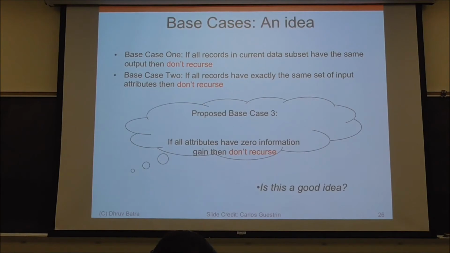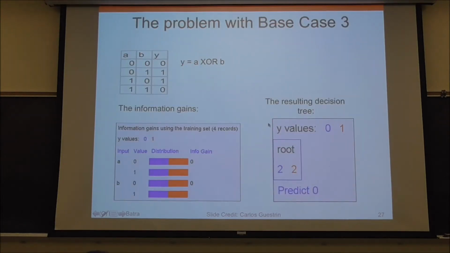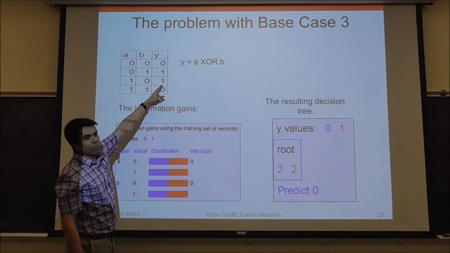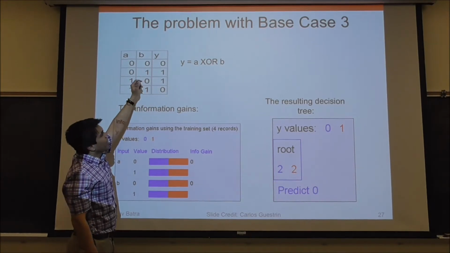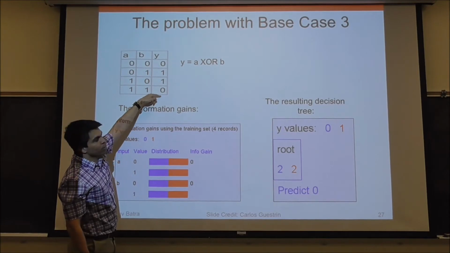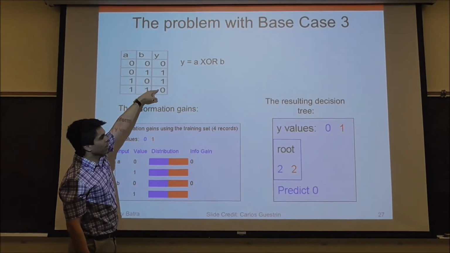The third thing that was suggested, which didn't turn out to be true, was if all features have 0 mutual information or information gain. And the counter example that we showed you last time was the XOR counter example. The idea was, here's an output function, here are 2 inputs. It's a deterministic mapping. If you look at the distribution of y before splitting, it's a 50-50 split.